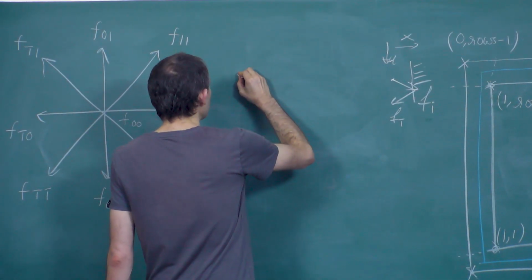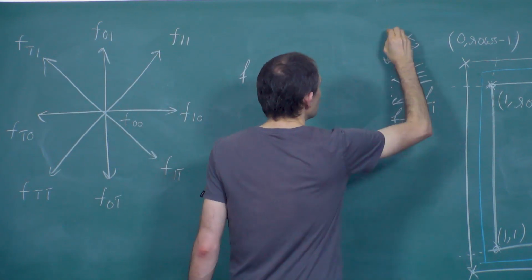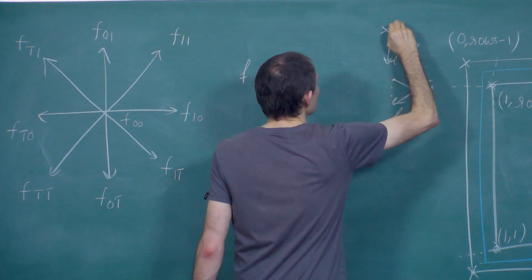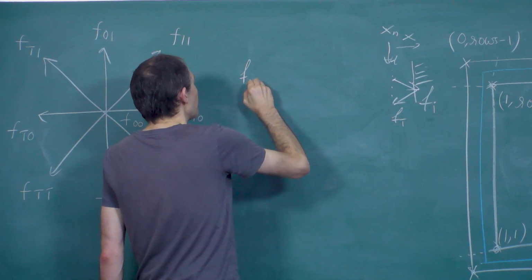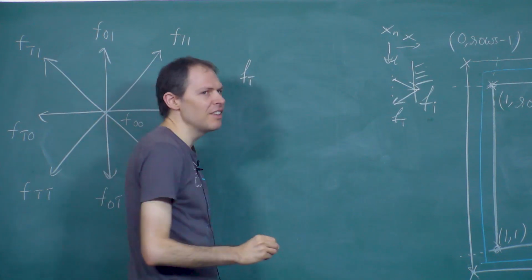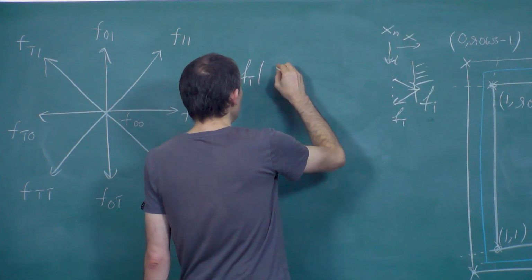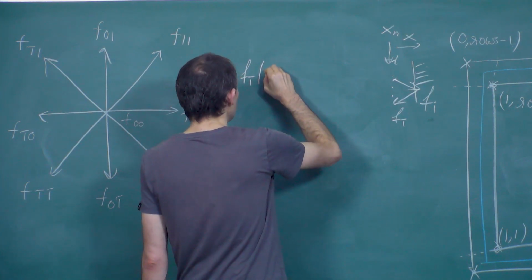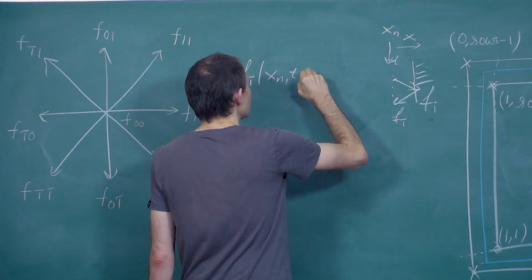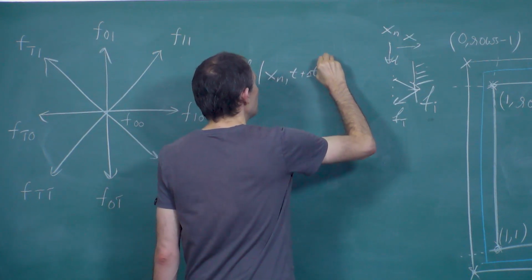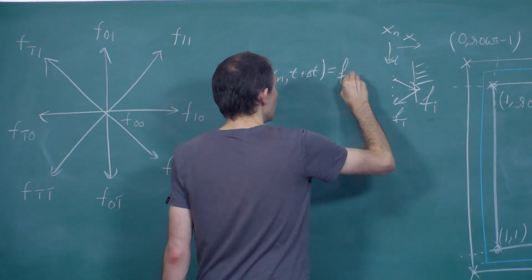Then the bounce-back boundary condition. So for the last node at the position x_n, the bounce-back boundary condition for the population that is coming in, at the position x_n and time t plus delta t, is simply the one that went out.